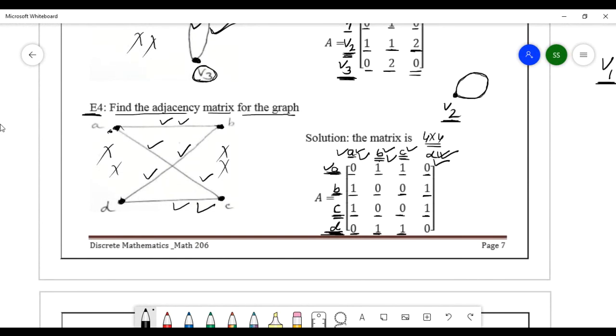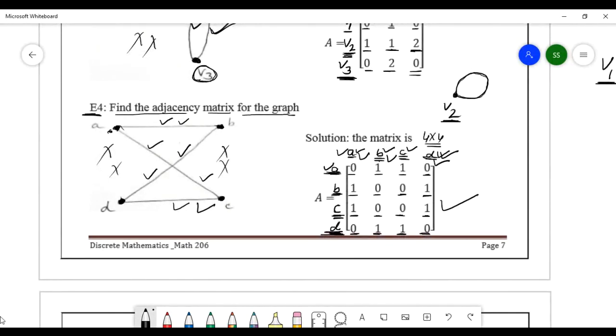And now D to D, same point, no loop, so 0. So this is the matrix. Okay. This is the adjacency matrix, right? 4 by 4, 4 rows and 4 columns.